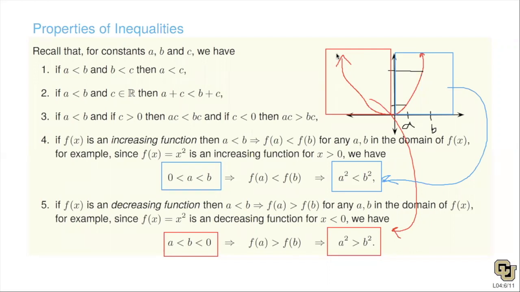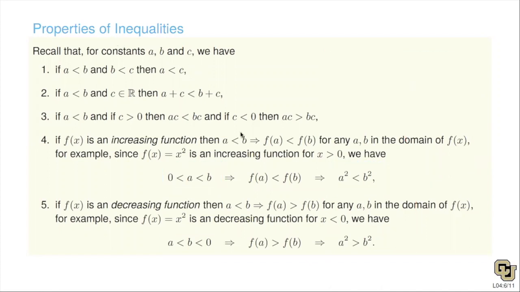If you're in a part of the function that's neither increasing nor decreasing, then all bets are off. You have to be careful and check on a case-by-case basis what's happening when you apply the function. Anyway, I'll show you some of these inequality properties at work in a second. It's really about how we now use these to answer questions.